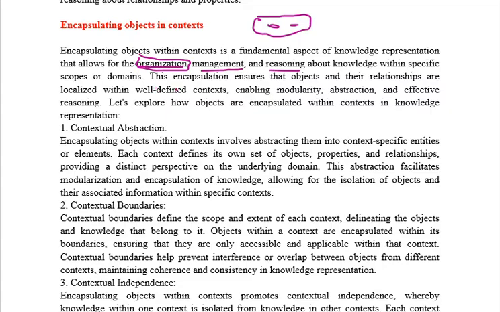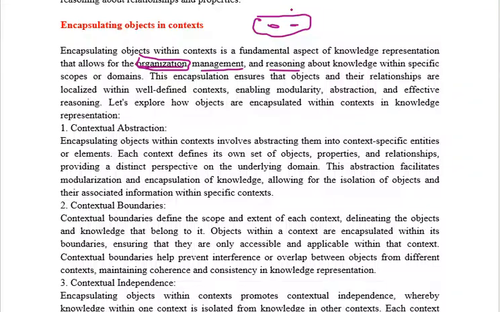Now this encapsulation ensures the objects and the relationships between them are localized within a well-defined context, enabling modularity, abstraction, and effective reasoning. So what are they saying? Normally in a programming language, the variables and the methods of the variables are encapsulated into one thing.